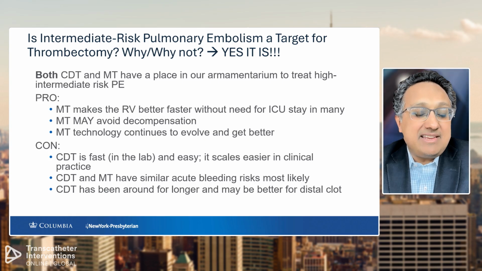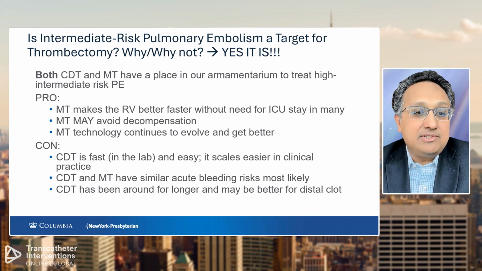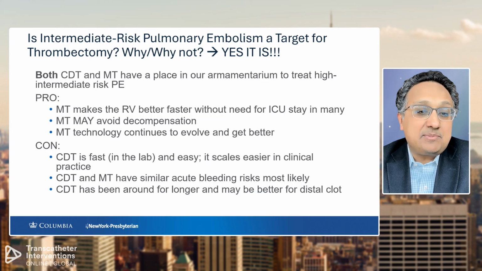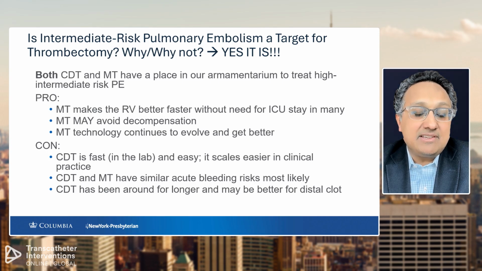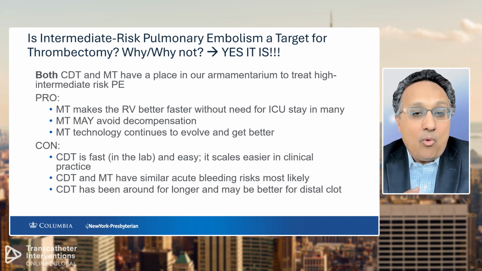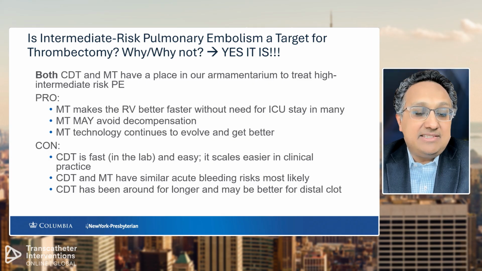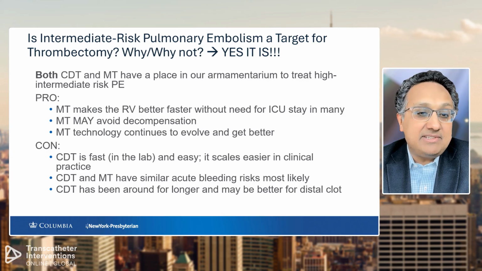The bleeding risks in large clinical data sets have been relatively similar, which is, I think, counterintuitive. And it's just been around for longer, so there are more people with experience with these technologies. So I think the time in the field is ripe for patients to be treated with catheter-based thrombectomy or thrombolysis, and it really is dictated by individual patient characteristics and centers' experience with each technology. Thanks very much.